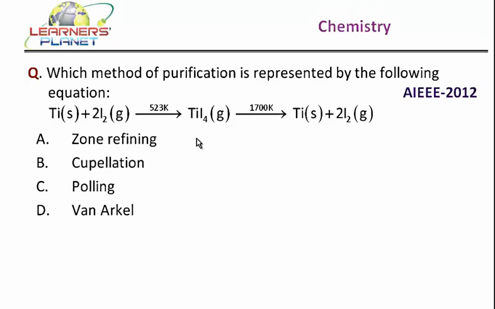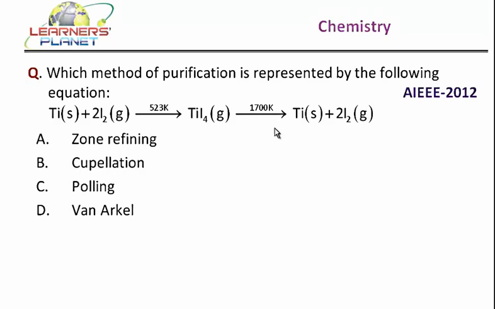Titanium tetraiodide at atmospheric pressure melts at 150 degrees centigrade, and boils at 377 degrees centigrade. Now these gaseous metal iodides formed are heated on the tungsten filament, and the metal gets deposited over the tungsten filament.